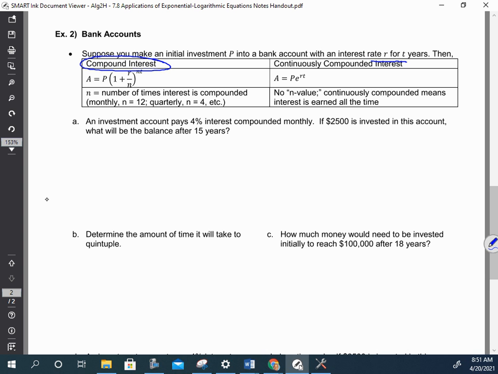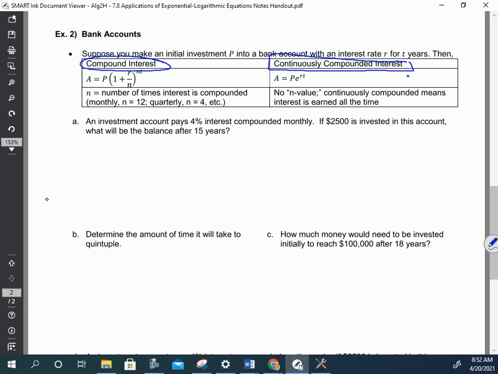And then there's continuously compounded interest, which means you breathe, you're making money. You blink, you're making money. This is the kind of account that I want. Sleep, make money. Fall down the stairs, make money.